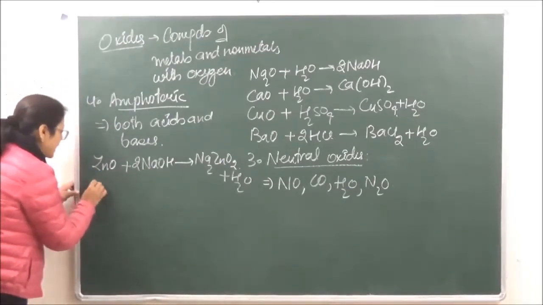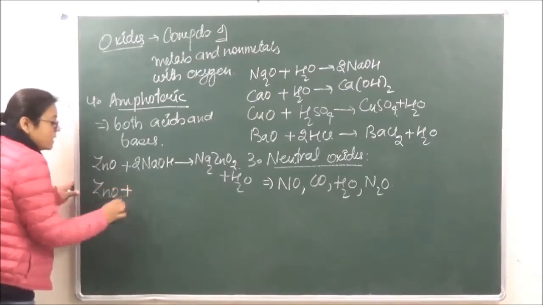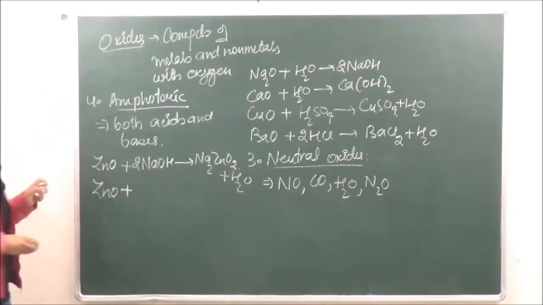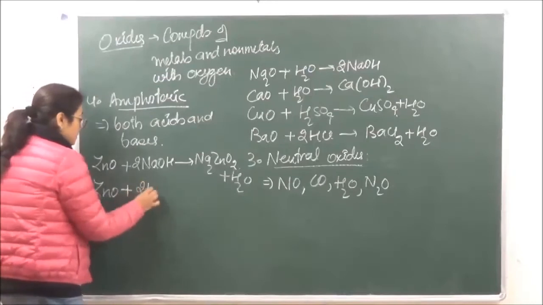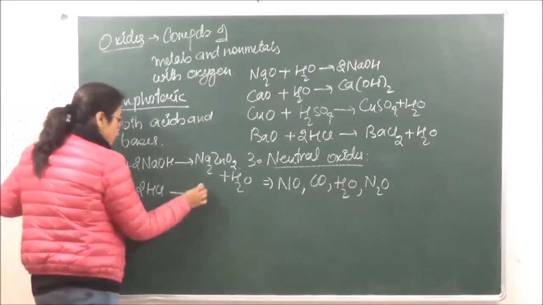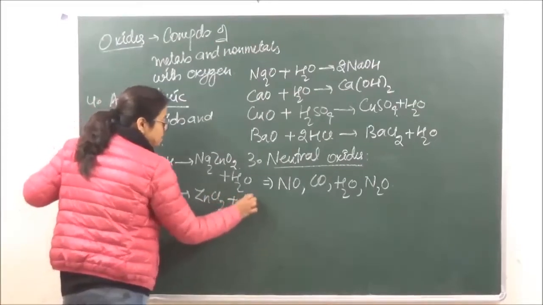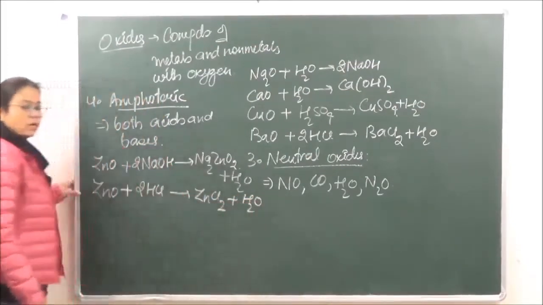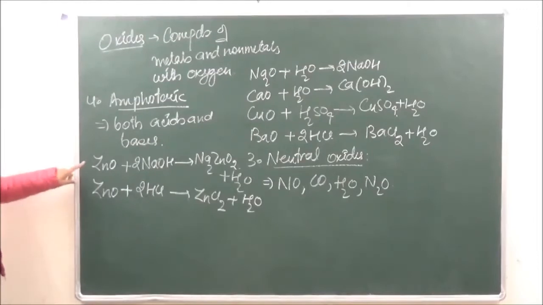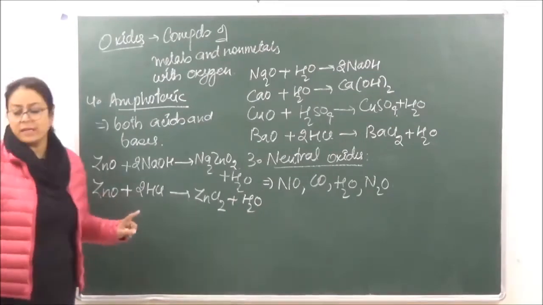Similarly, if we are reacting zinc oxide with an acid, let's say 2HCl, it is going to give us again salt plus water. So it is behaving as an acid over here and as a base over here. That is why it is said to be amphoteric in nature.